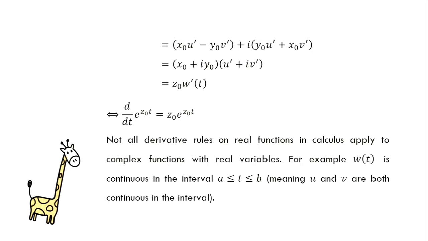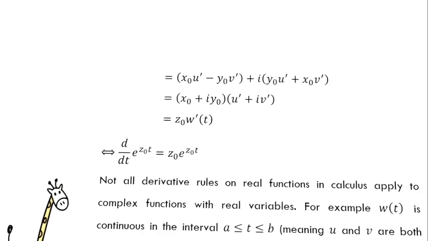Not all derivative rules on real functions in calculus apply to complex functions with real variables. For example, w(t) is continuous in the interval a less than or equal to t less than or equal to b, meaning u and v are both continuous in the interval.